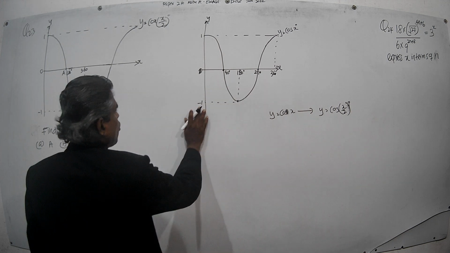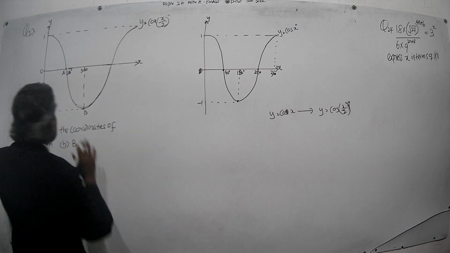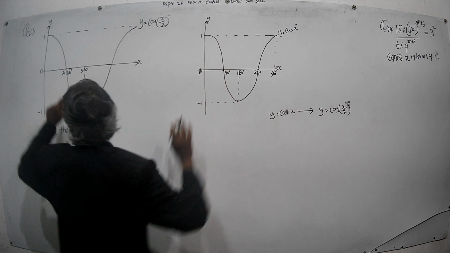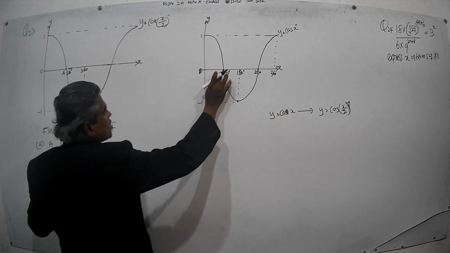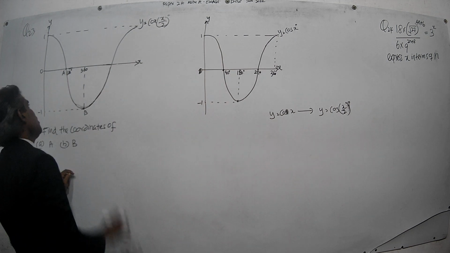The same y coordinates of these points will be here also. Here the y coordinate is 0, and here the y coordinate is also 0.